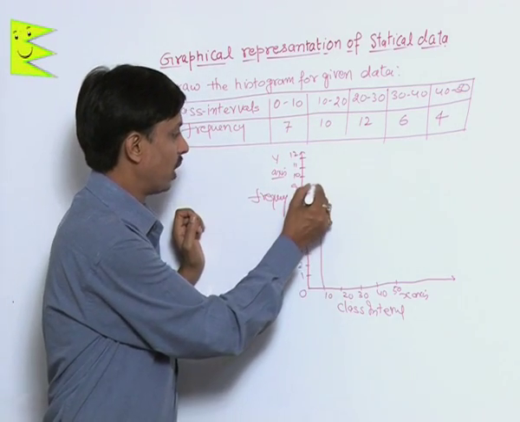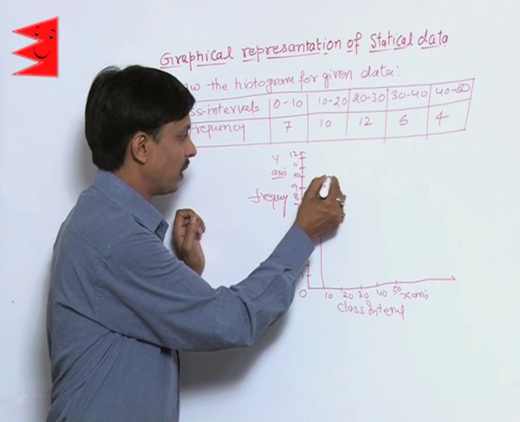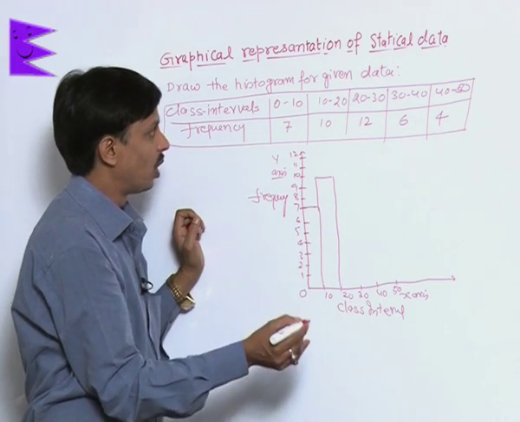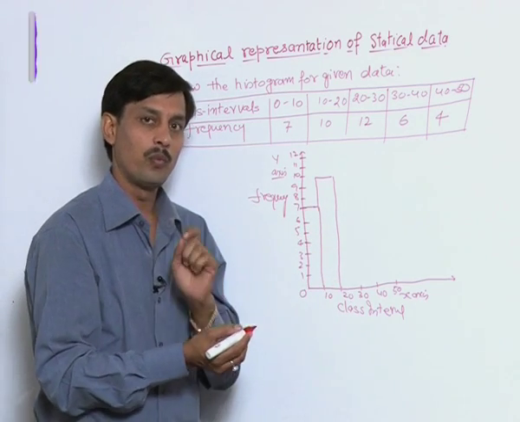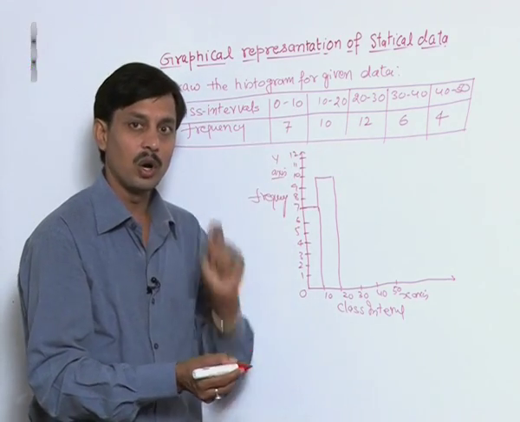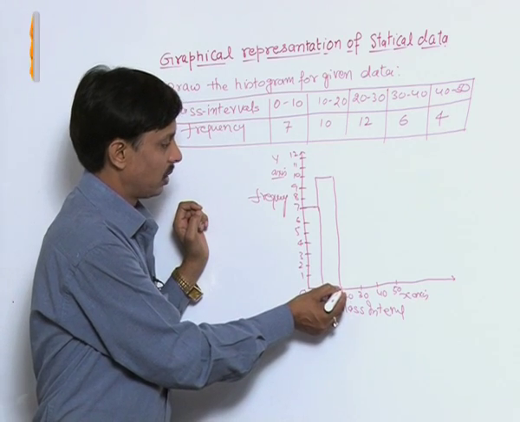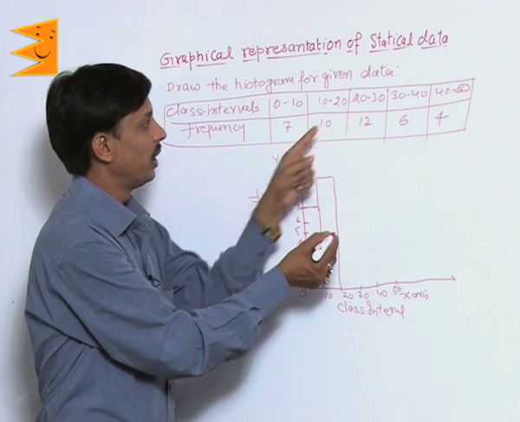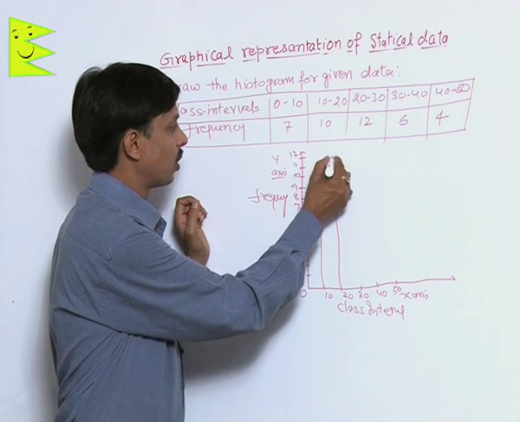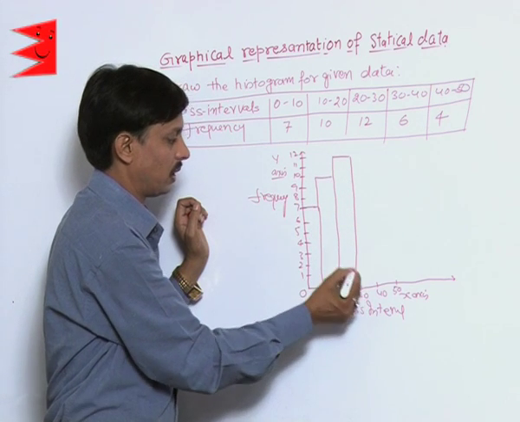As I told you, we draw the histogram for data which is continuous or exclusive. Then we take 20 to 30, and it goes up to 12. So the highest bar is this one, 20 to 30.